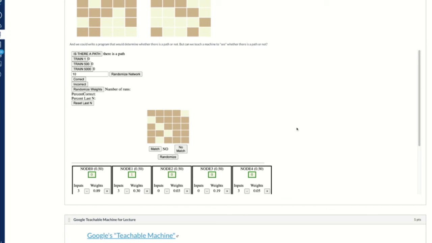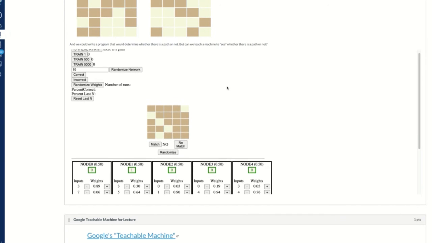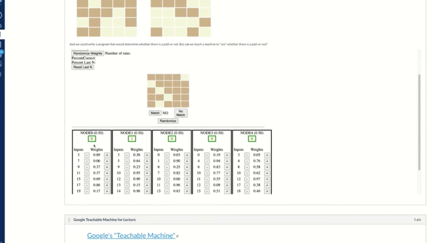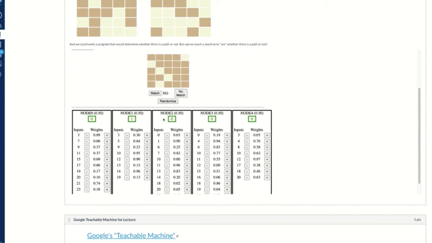In other words, the network is not going to have an algorithm. We haven't programmed it to do that. So the way that we would do that is we create this network, which we see here.